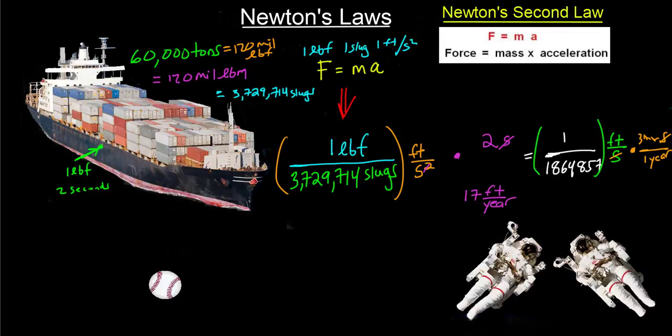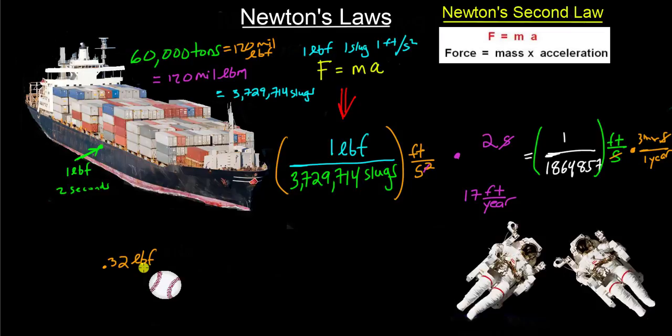Let's look at the baseball now. This is really going to make you think. An average baseball, I looked up, weighs 5.25 ounces, which is the equivalent of 0.32 pounds force.